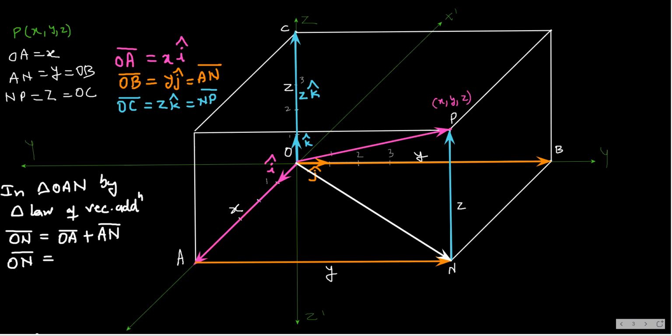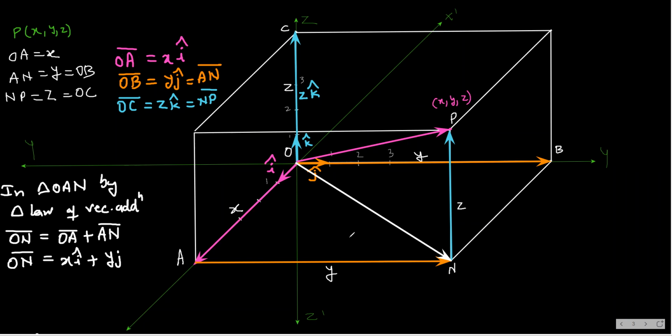So OA bar is x i cap. This is x i cap plus AN bar. What is AN bar? AN bar is y j cap. So see, we got ON bar. Vector ON bar is x i cap plus y j cap.